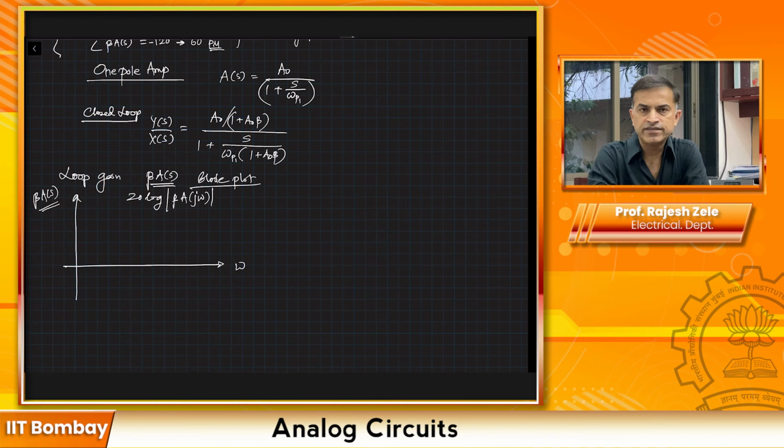From the Bode plot we know it's going to look like this, because it's a one pole system. This is our first pole frequency omega P1, and this is where we hit 0 dB when we cross the x-axis.